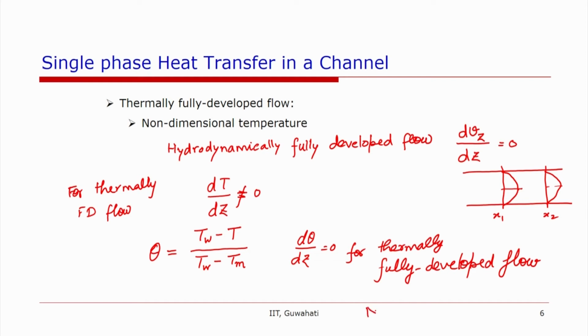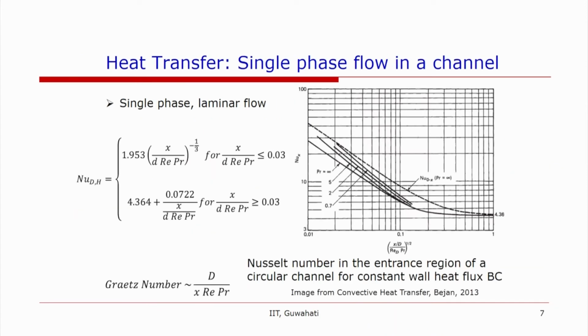So, for H boundary condition, NuH is equal to 4.36, and for constant temperature boundary condition, it is about 3.6, around that. Okay.